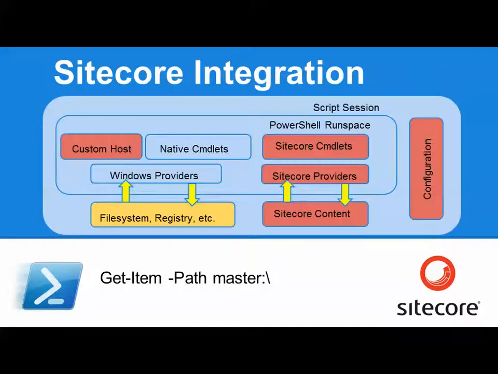So what we've done is created a script session. It's basically a class, an object that exists in the HTTP context in a session within ASP.NET. So this object sits inside a session, and we've created our own commandlets and our own provider to communicate with Sitecore content.